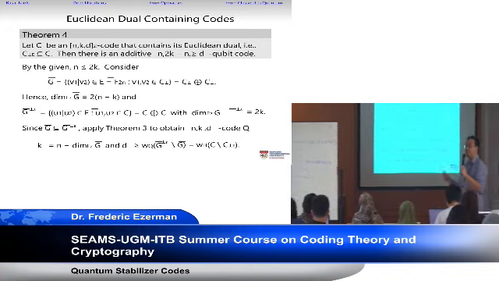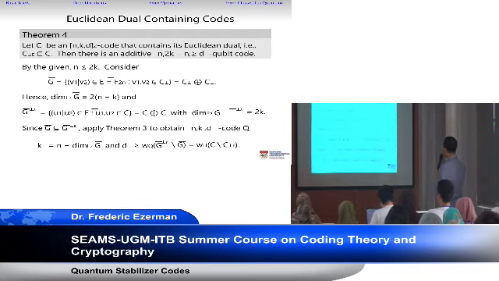But that's another matter. So, can we use Euclidean dual-containing code? Yes, you can. And actually, you use this and then you connect it to that main theorem again. So it's actually just special cases. Okay?